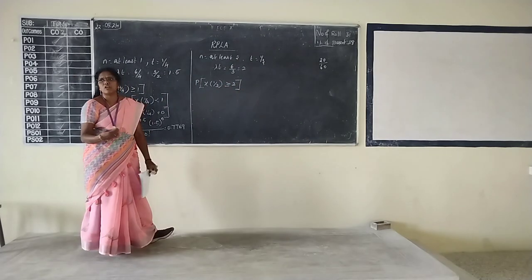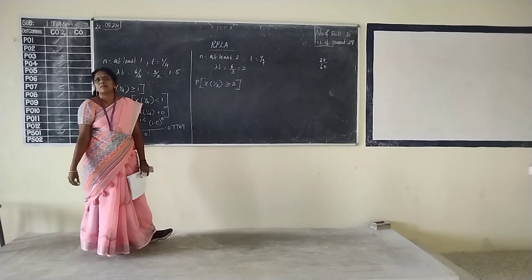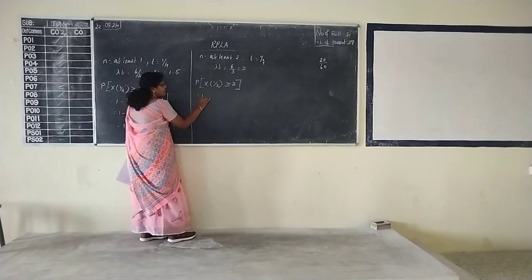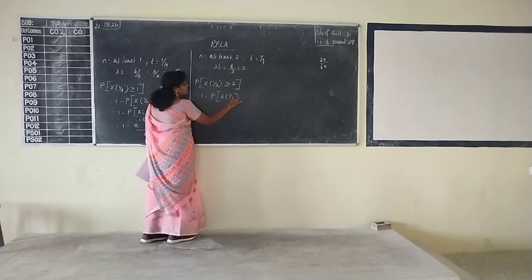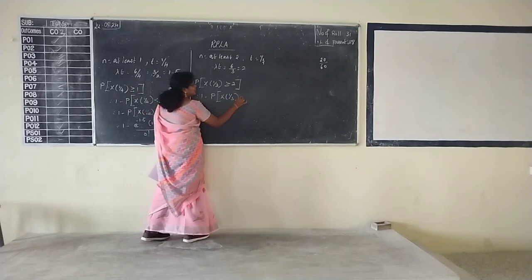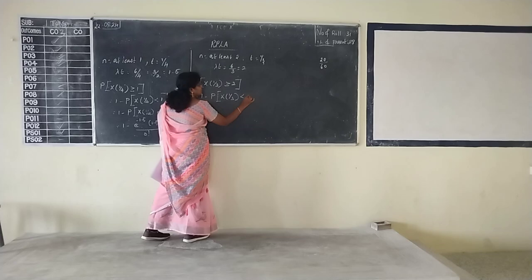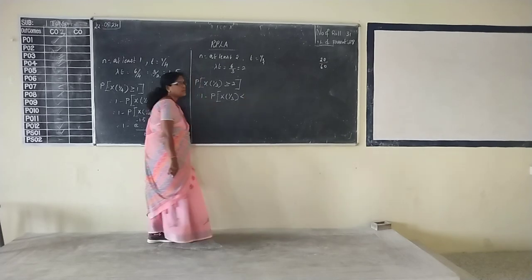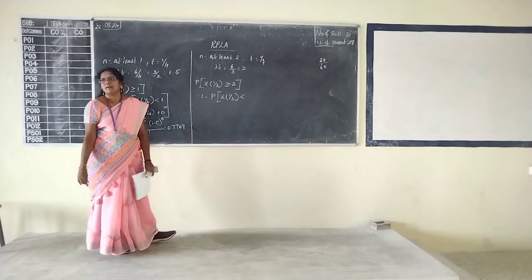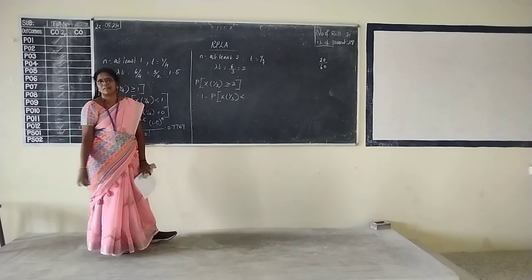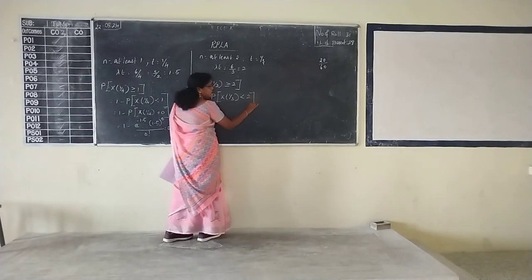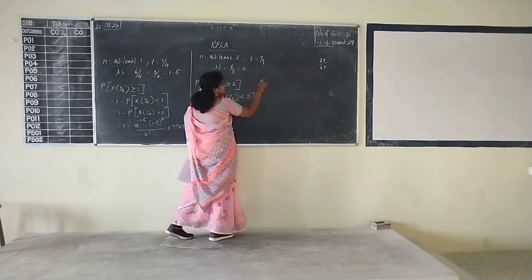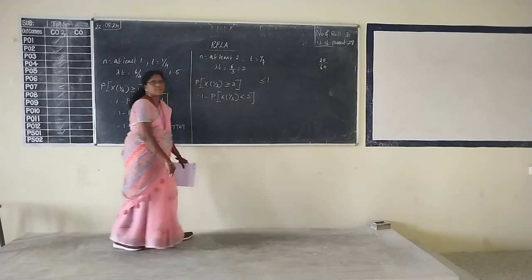No. So what is the complementary? 1 minus probability of X in 1 by 3 hour less than 2. We can write less than 2 or you can write less than or equal to 1.